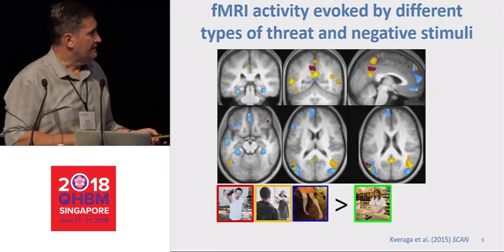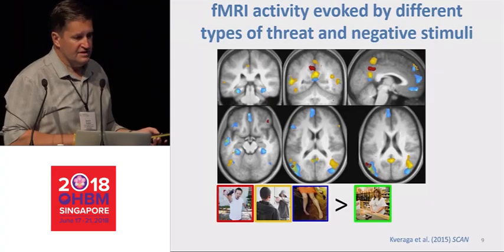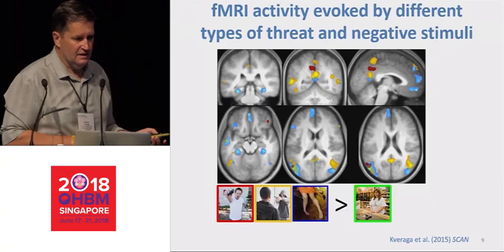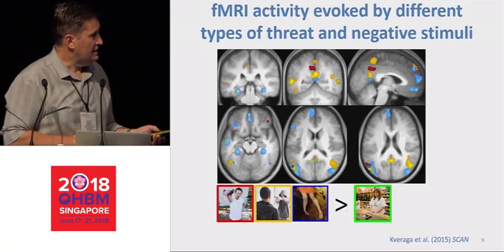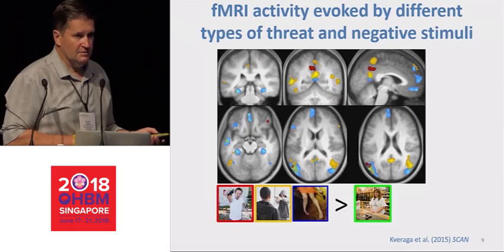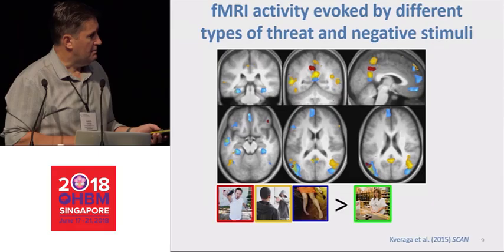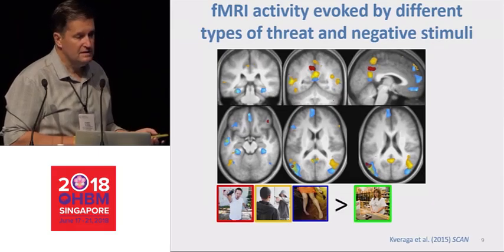As you can see, these conditions activate sort of a related but also distinct set of regions, and the direct threat condition actually doesn't activate that much cortex. As you'll see, it tends to activate some of the subcortical regions more, whereas the threat aftermath condition activates most cortex of any of the conditions.